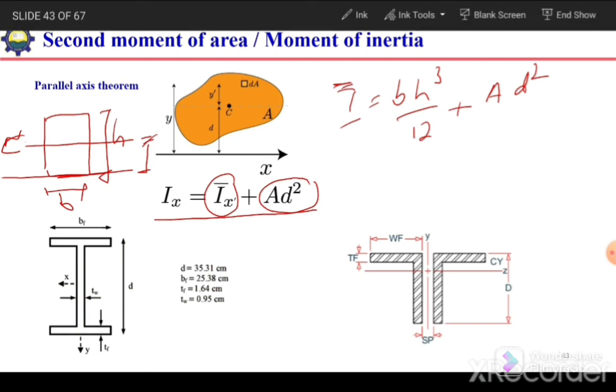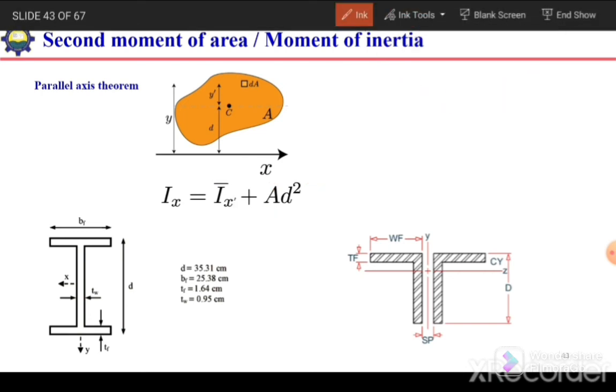For other sections like this T section, the neutral axis or the centroid will lie over here. For this rectangular section we can calculate the second moment of area just by BH cube over 12, and then we need to add the second moment of area of these two sections about this centroid.